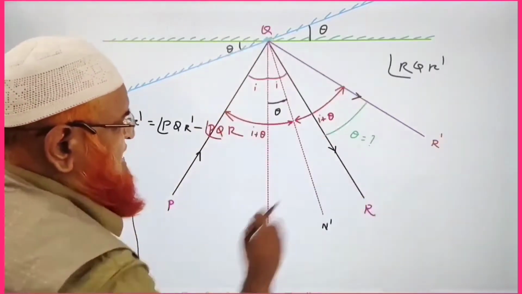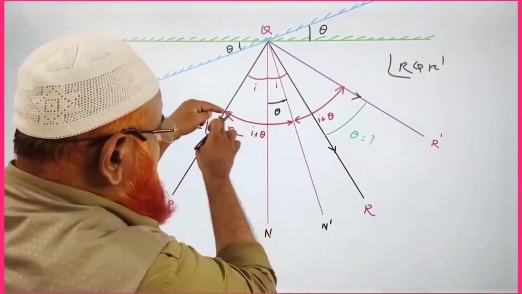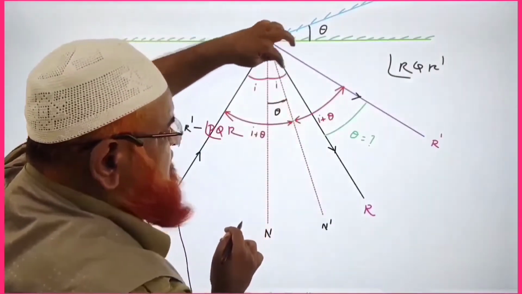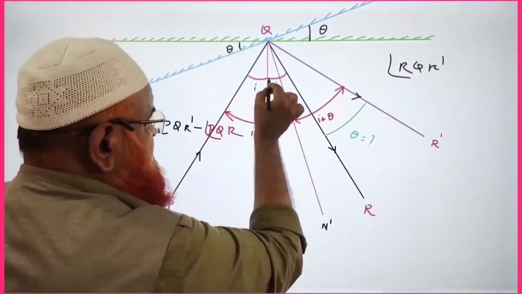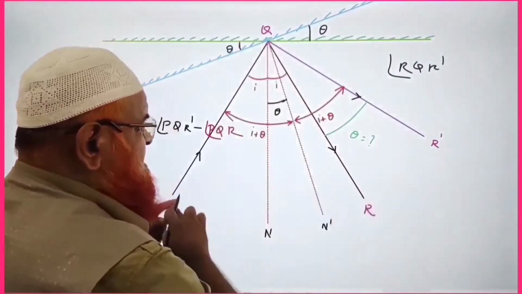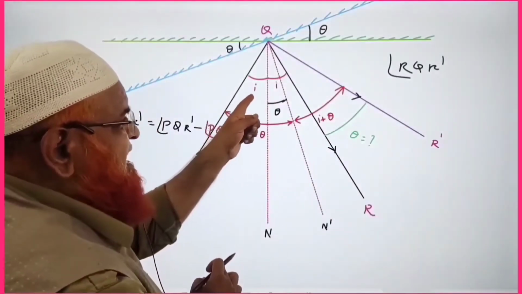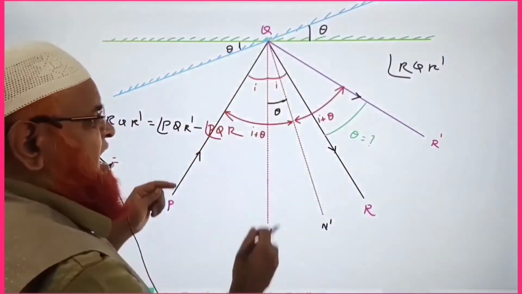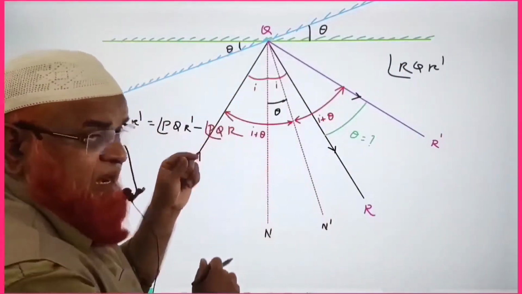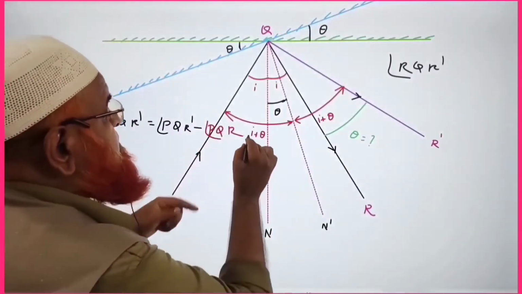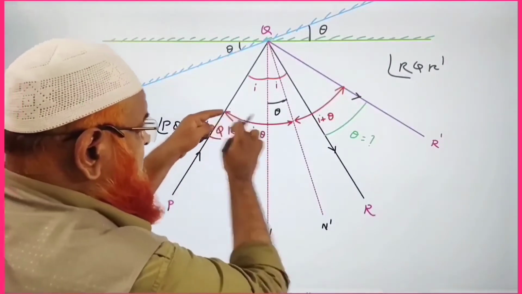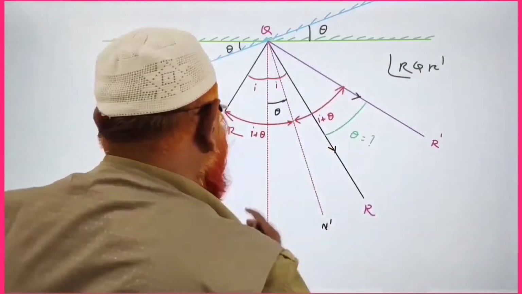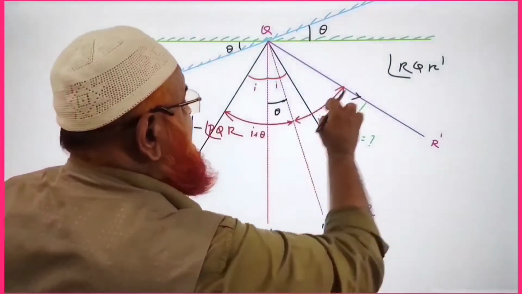So angle P Q R dash is nothing but from here to here. If this is the angle of incidence and this is the angle of reflection, both are going to be the same. This is I, this is also I, when this is called P Q R. The incident ray is I and the reflected ray is I. But when the mirror is tilted by an angle theta, then the normal gets shifted. Now the new angle of incidence will become I plus theta, from here to here I plus theta, and from here to here I plus theta.